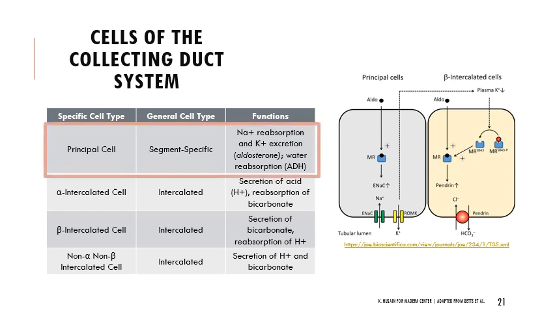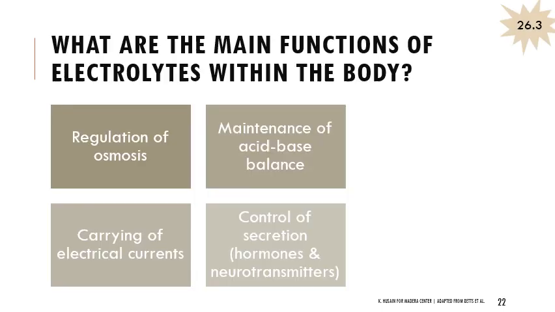So we're going to focus first on that idea of electrolyte balance and talk broadly about electrolytes that can get into either excesses or deficiencies. In general, electrolytes are very important for regulating osmosis. Remember, when we have a lot of electrolytes, that draws water towards them.